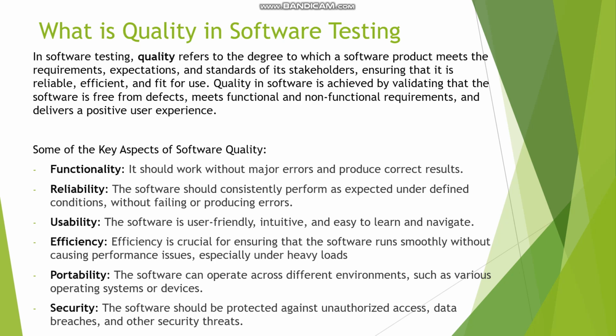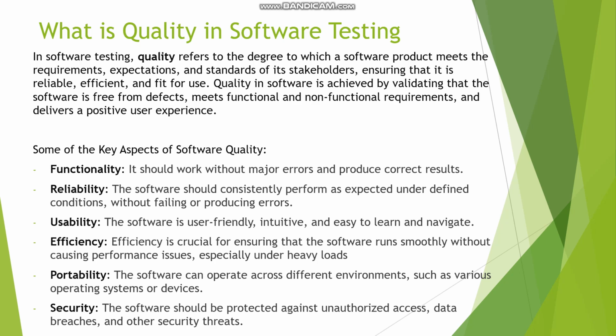Efficiency. Efficiency is crucial for ensuring that the software runs smoothly without causing performance issues, especially under heavy loads like load testing, stress testing, volume testing. There are many non-functional testing types, so that comes under efficiency. Portability is also non-functional.